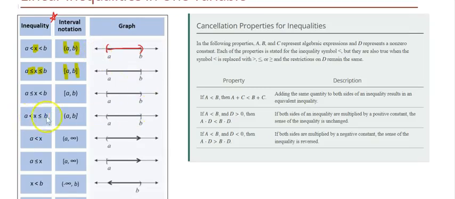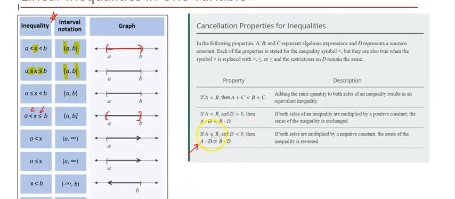Notice some questions will utilize both. This one has a parenthesis, but then it also has a bracket, which we can see right here. These cancellation properties are pretty straightforward and simple once you start reading them very carefully. Just read through these, reminding yourself of them. The big one that you need to remember is this one right here.